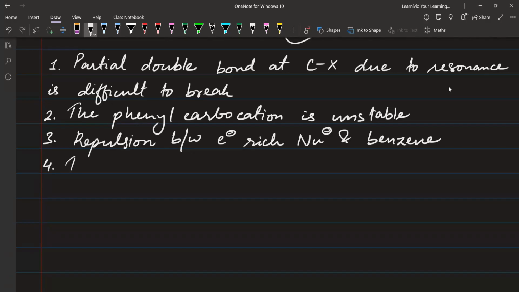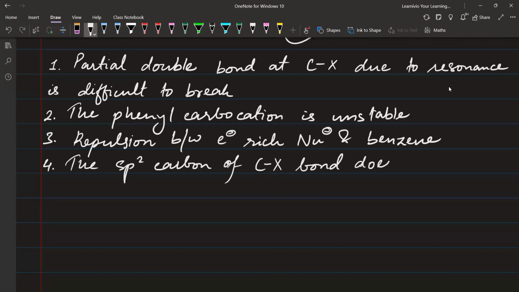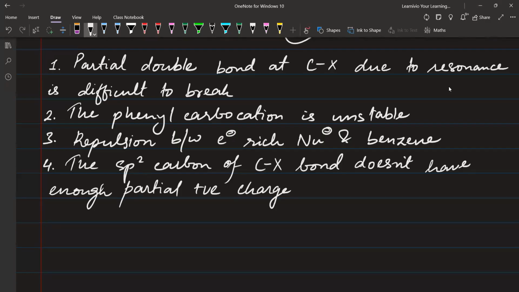Fourth reason is the sp2 carbon of the CX bond doesn't have enough partial positive charge to attract the nucleophile.